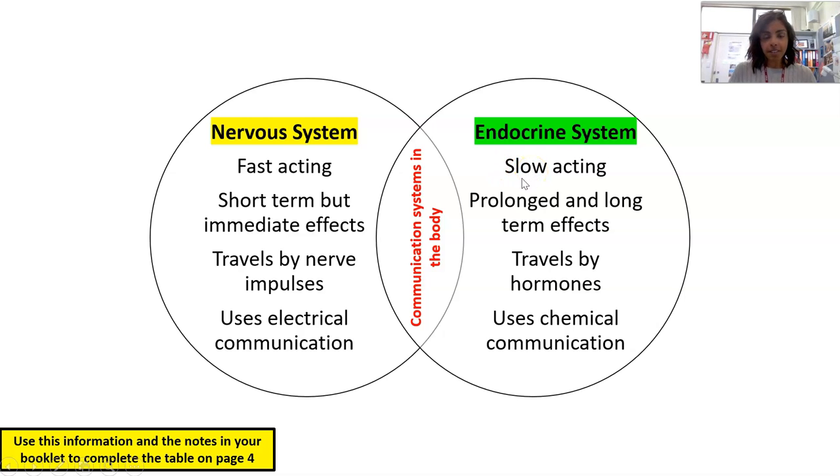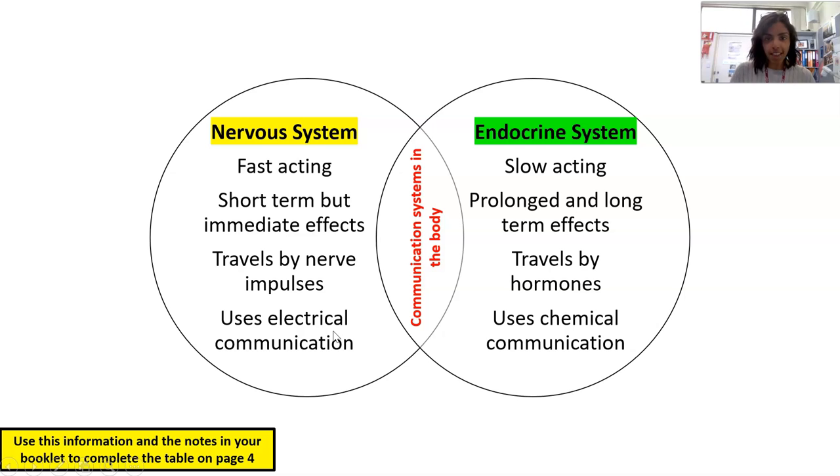The nervous system has almost immediate yet short-term effects, and these impulses travel by electrical communication carried by nerve impulses. So that fast-acting effect is directly related to the fact that it uses electrical communication.